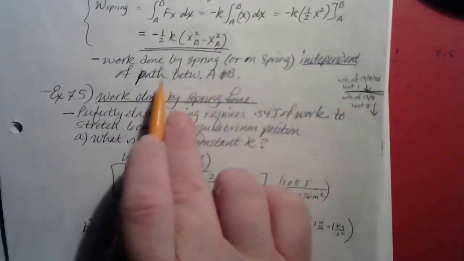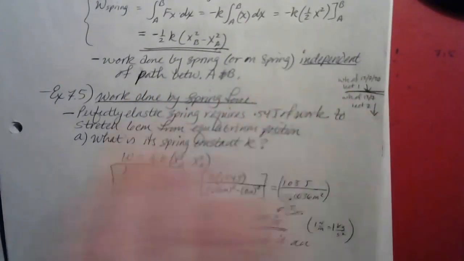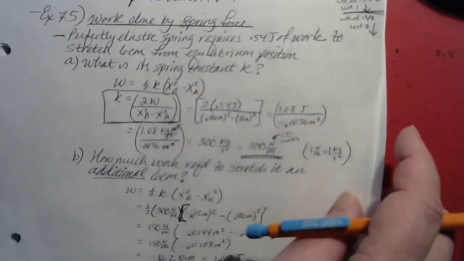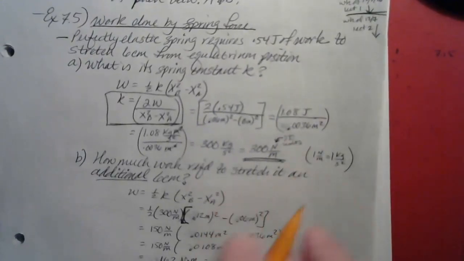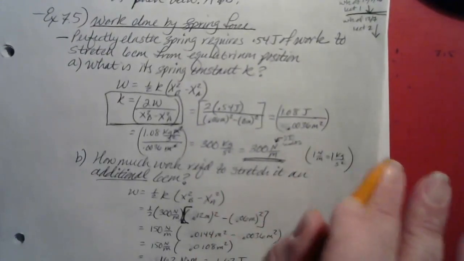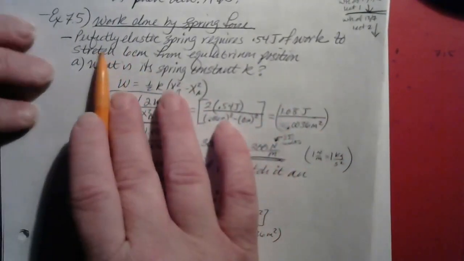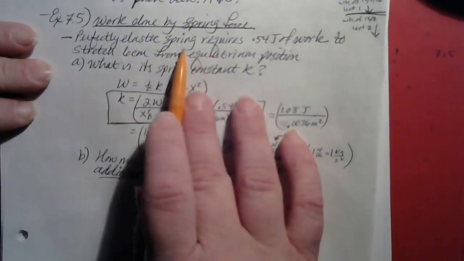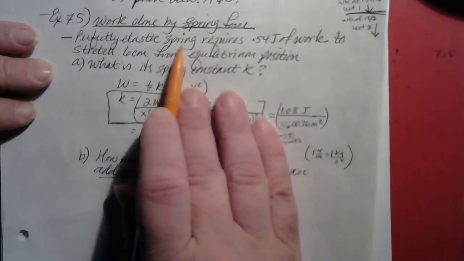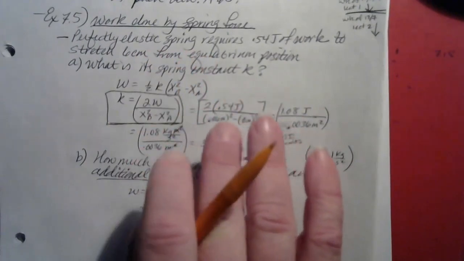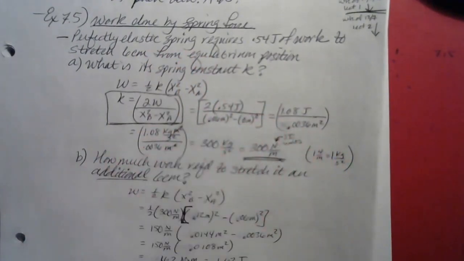Okay, the work done by the spring is also independent of the path between point A and point B. And this brings us to the next example in the text, which is about the work done on a spring. In this example, we have a perfectly elastic spring. When we say perfectly elastic spring, we just mean that it obeys Hooke's law, that the spring constant really is constant.